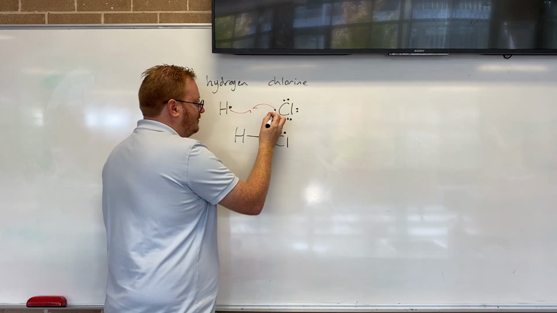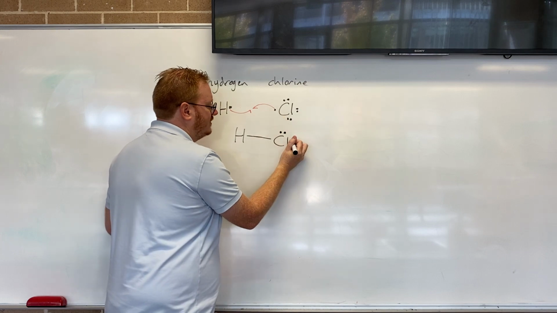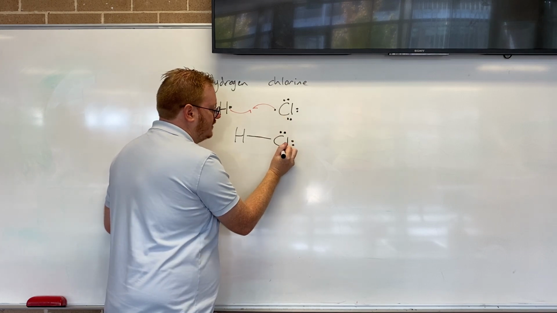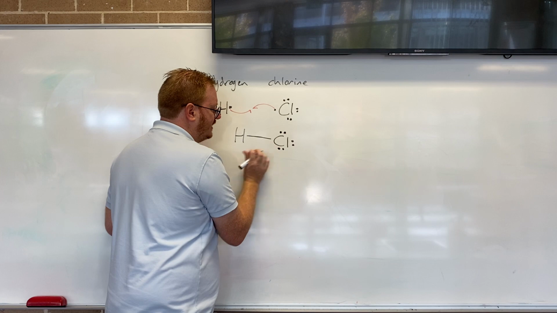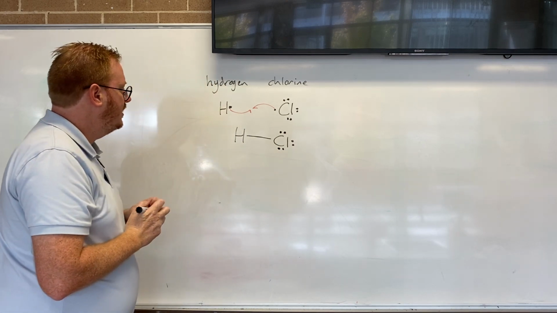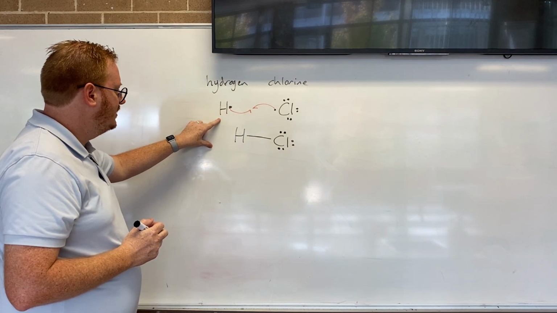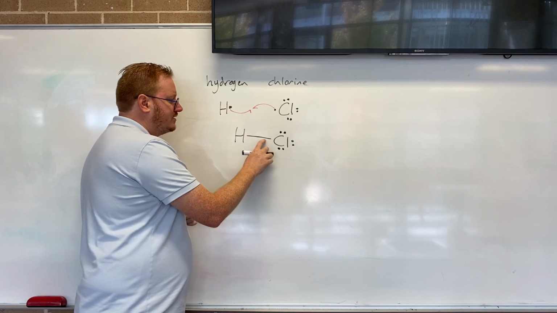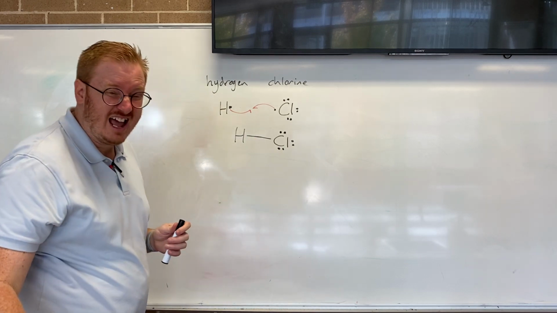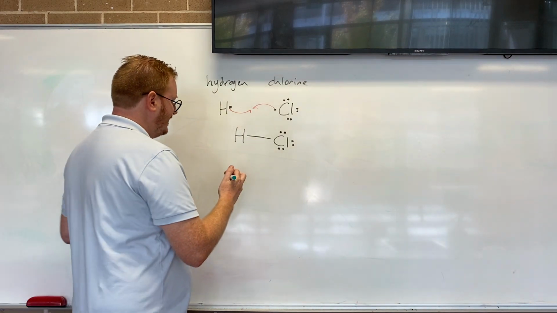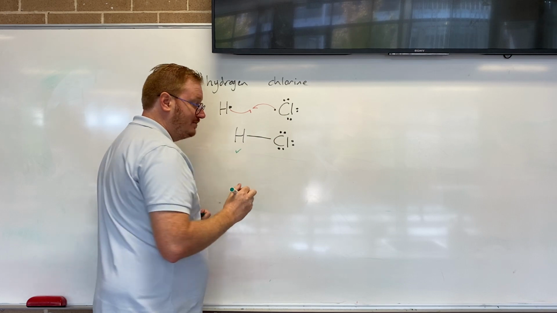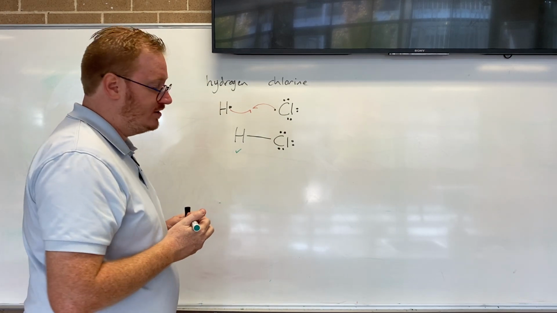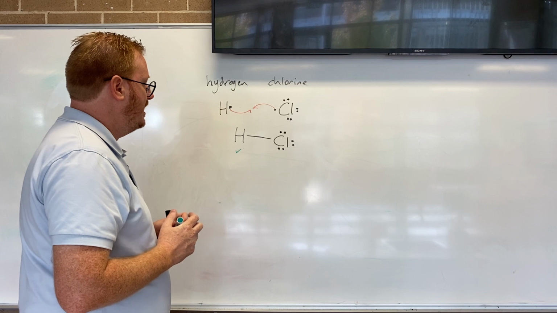Let me just put in the other electrons. This replaces these 2 electrons, and we count it as 2 electrons. So hydrogen now has the 2 electrons in this bond. It has its s orbital full. It's nice and stable. Remember, it only needs the 2 in the 1s orbital.